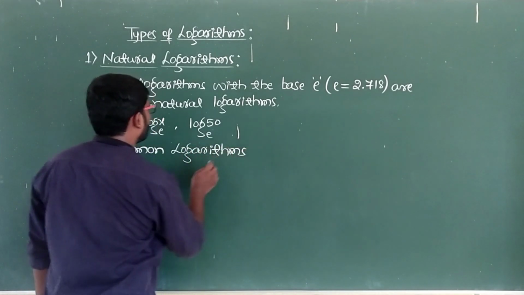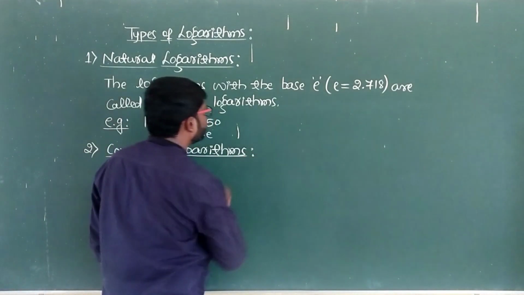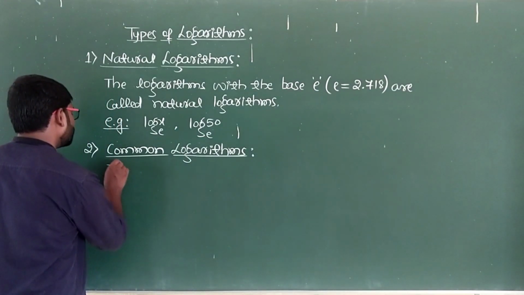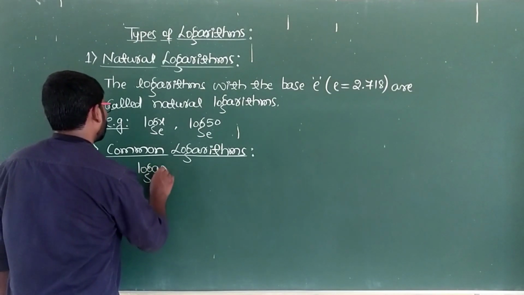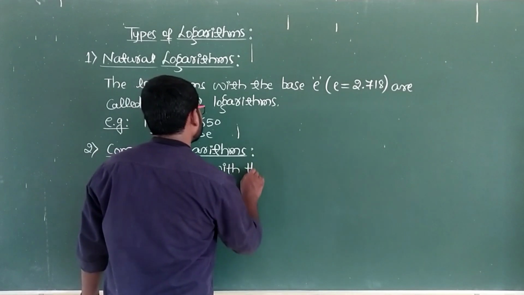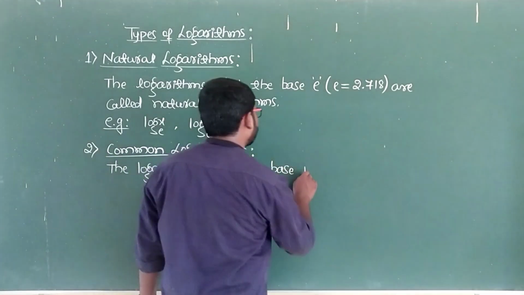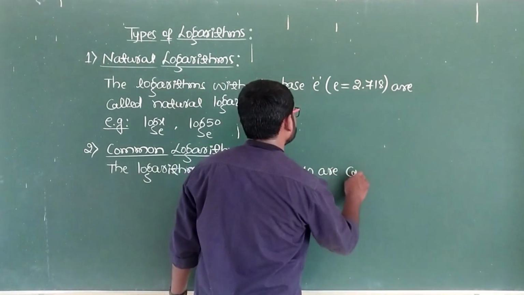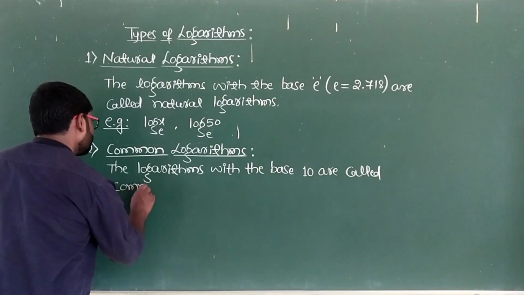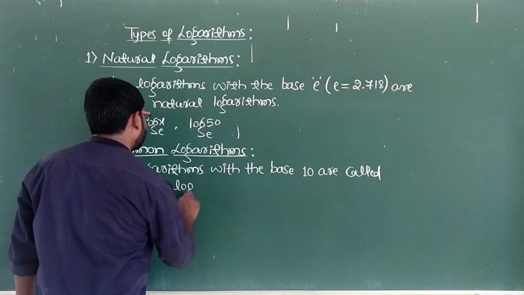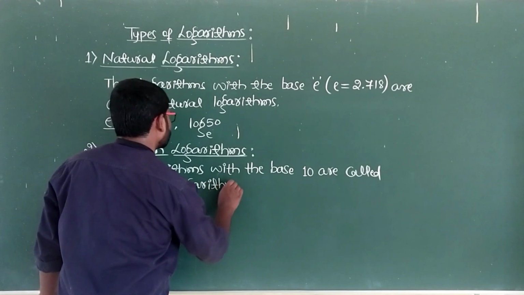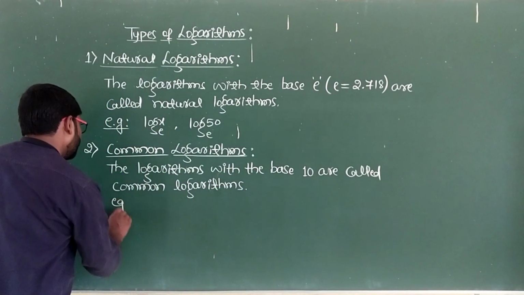Here the definition is: the logarithms with the base 10 are called common logarithms. Let us give a few examples for this.